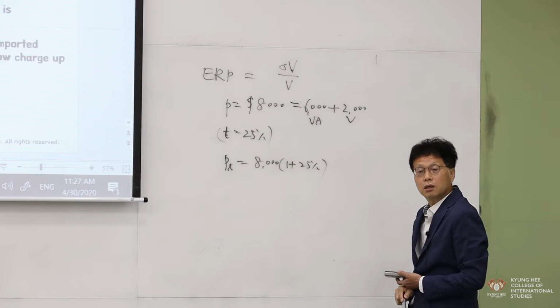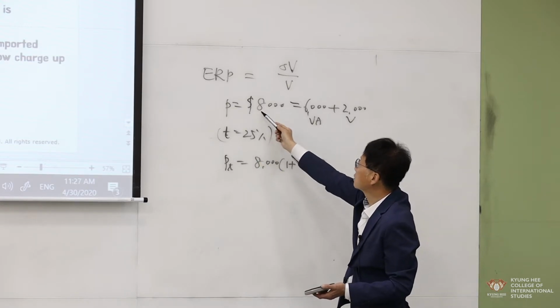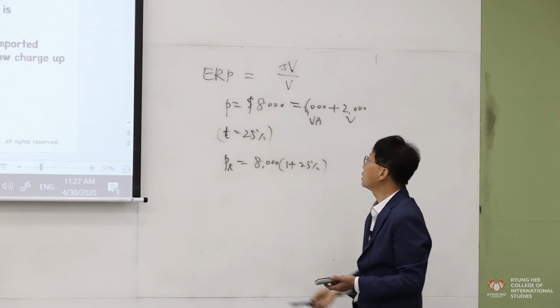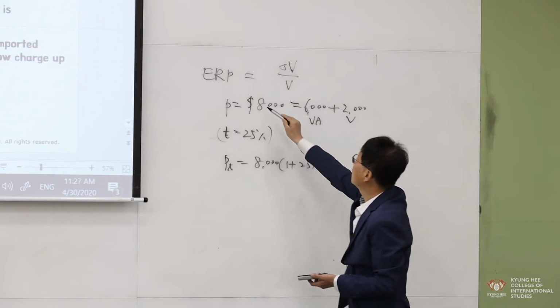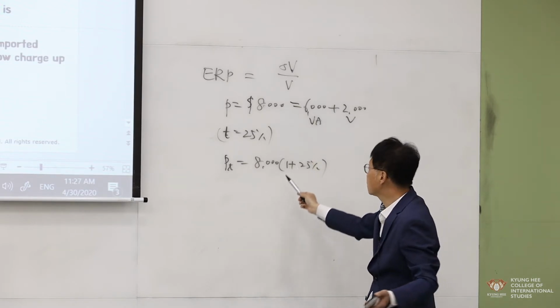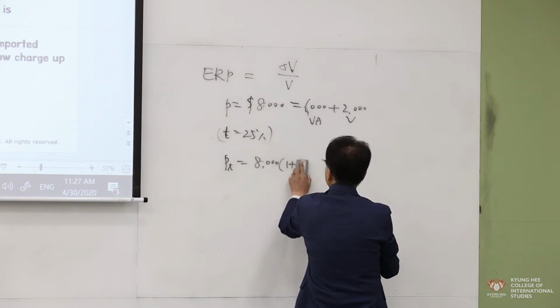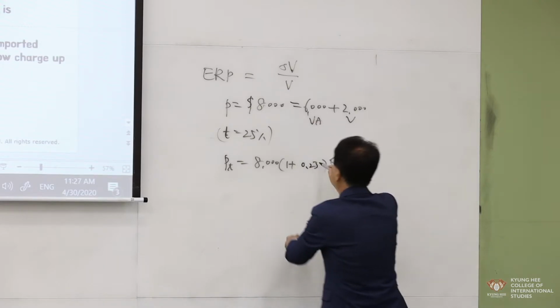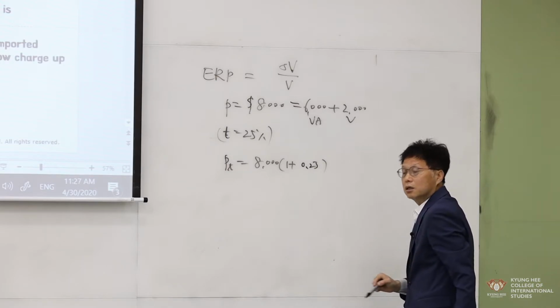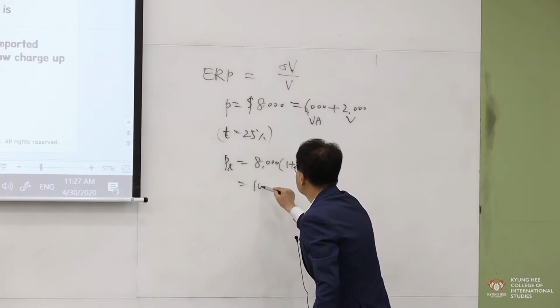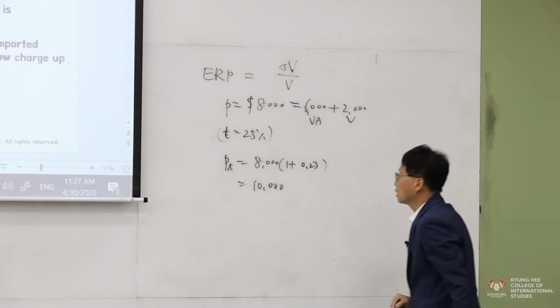The original price was $8,000, and the new price after imposition of the tariff should be like this. 25% means 0.25, so that means $10,000.